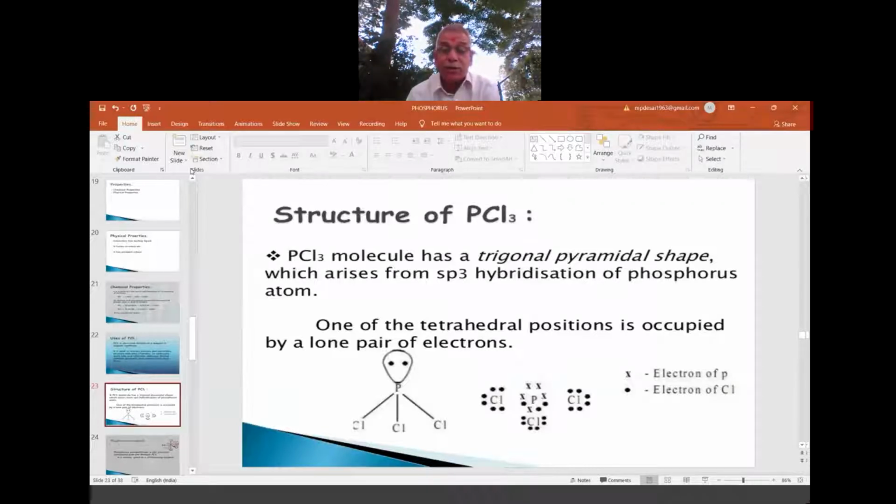If you join the three vertices of a triangle in 3D space, you imagine the three chlorine atoms. That becomes the triangular base. And on the top we have the lone pair of electrons. If you join all three vertices of the chlorine triangle and the lone pair, it looks like a pyramid. Therefore, for this reason, it is called trigonal pyramidal shape. Please recall the chemical bonding chapter.